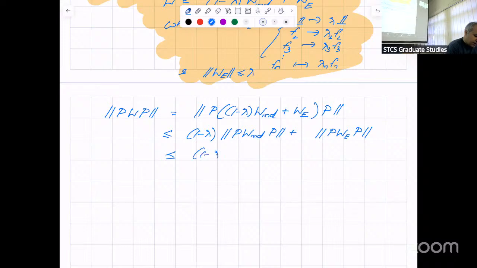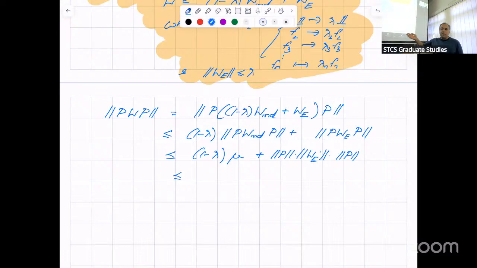This is (1 minus lambda) into mu. That's the first quantity. This one, P W error P, is at most norm of P into norm of W error into norm of P. P can at most increase a vector by 1. These are projections.